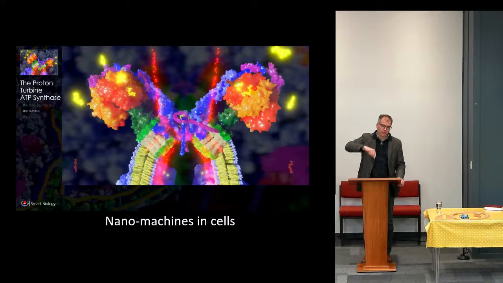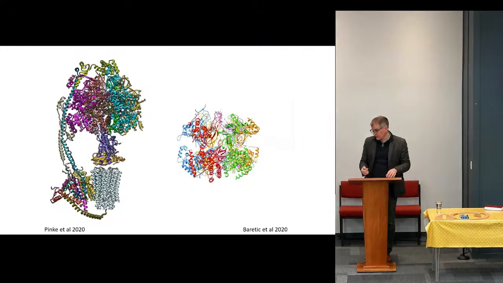As they go across, they cause rotation to happen, and that rotation drives conformation changes at the top of this little machine. And actually the next slide has another image of it.